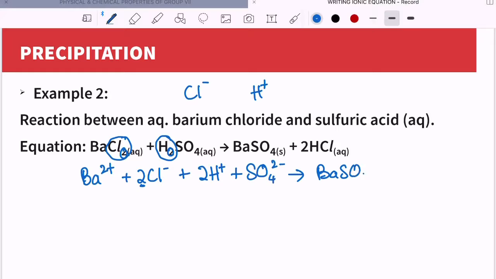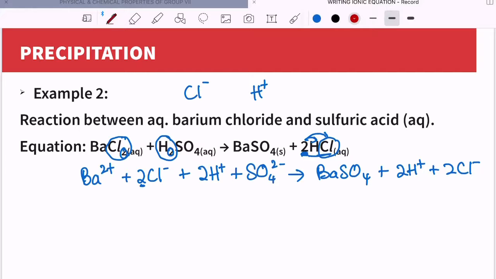It still stays the same because it's a solid, plus 2 of the hydrochloric acid as a product. So 2H plus, and don't forget, since this chloride, although it's 1, has a 2 in front of this product, don't forget to expand, just like maths. 2Cl minus.